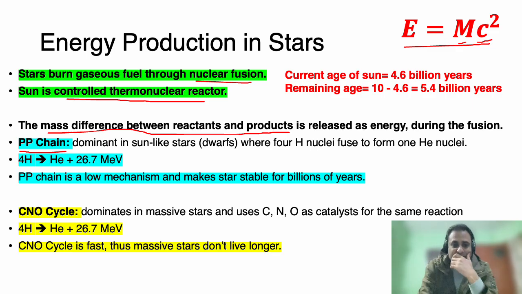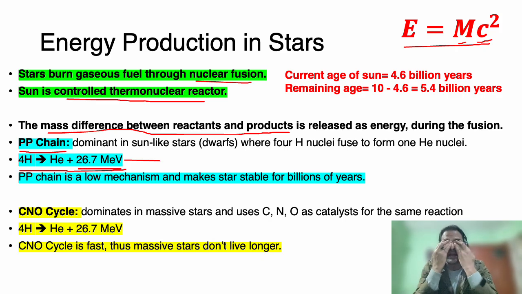In this process, 4 protons, so 4 hydrogen nuclei, fuse into one helium nuclei, and each reaction gives you about 26.7 mega electron volt energy. This energy is quite high. So 4 nuclei of hydrogen give you 1 nuclei of helium, and in this process you get 26.7 MeV energy.